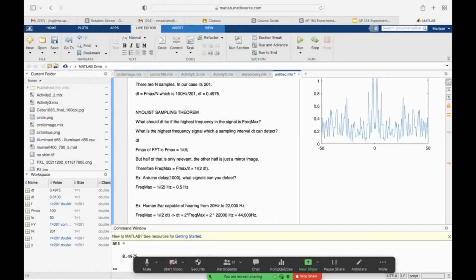At kung titignan nyo sa mga high fidelity audio capture devices, binibida nila na ang sampling nila ay at 44,000 Hertz.